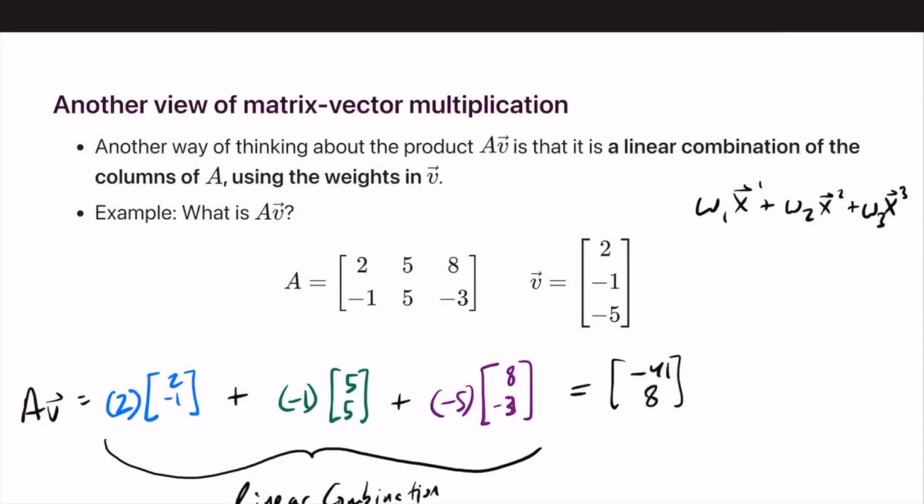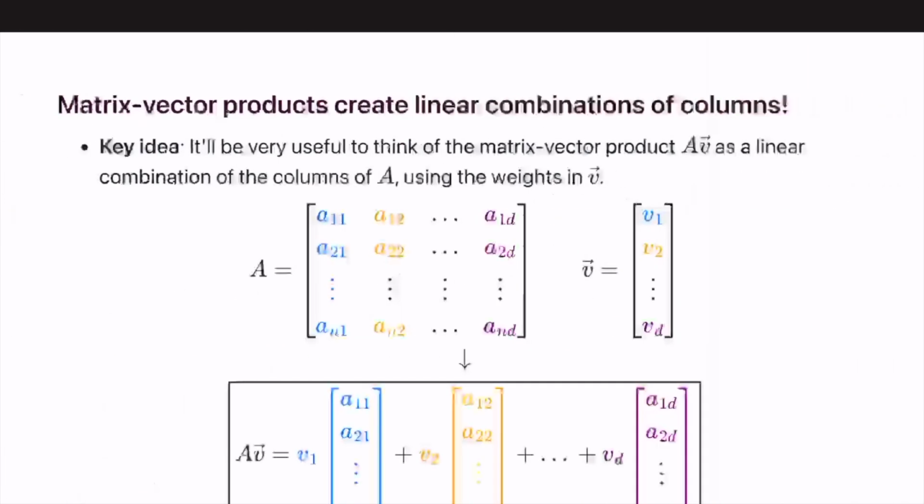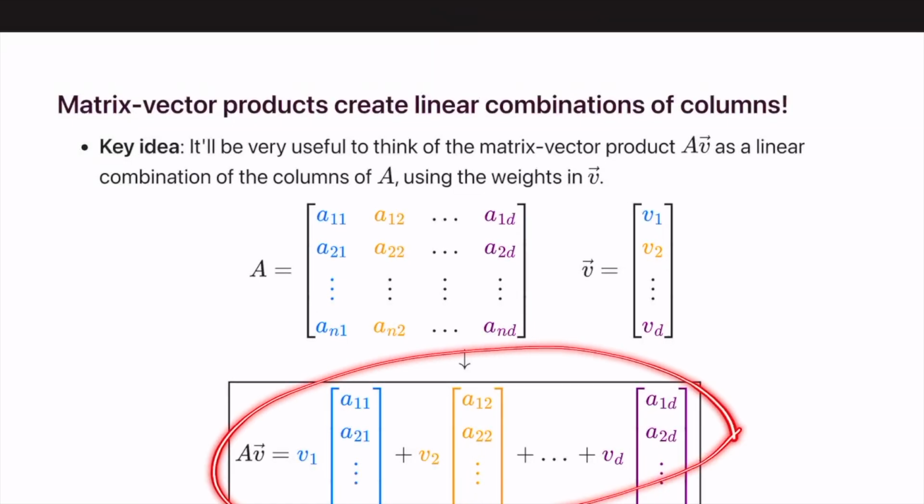Okay, and just finally, a way to formally articulate this idea of a linear combination of columns of A using the weights in the vector V is to have it look like this. And this idea here is what we're going to use going forward in the rest of this class to solve a fundamental question we were asking towards the beginning, for trying to solve that more complex system of equations.